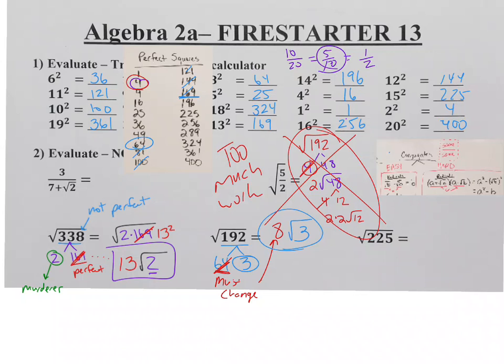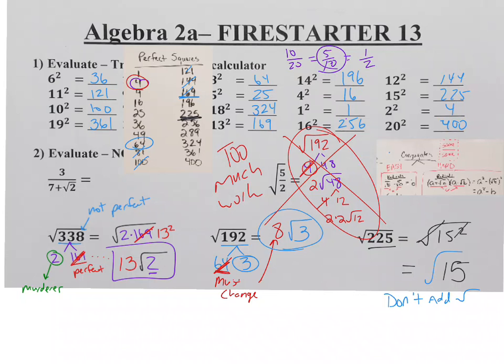So now we're going to go on to the last one. The last one, square root of 225. Well, 225 is perfect. So the square root of 225 is the same thing as 15 squared. Remember, the little 2 and the check mark cancel, so it is just 15. The most common mistake I see is somebody tries to add this. Don't add the radical, right?